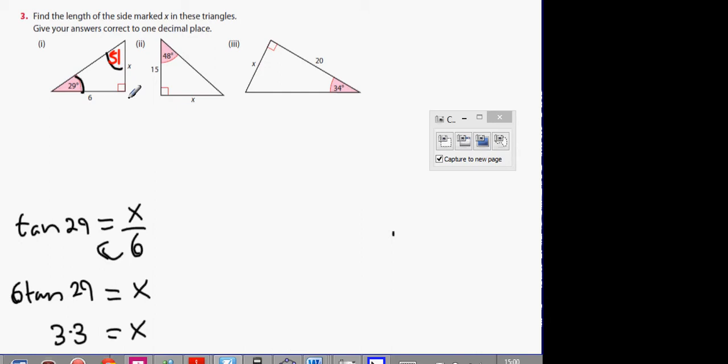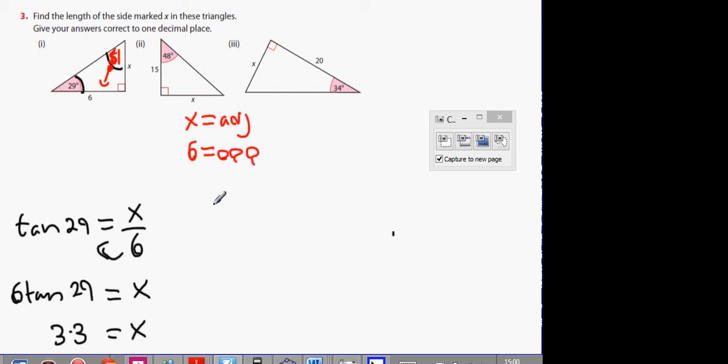Okay? Now guys, in this angle here, what side is the number 6? The opposite. And what side is X? Adjacent. So X is adjacent this time, and the 6 is the opposite.